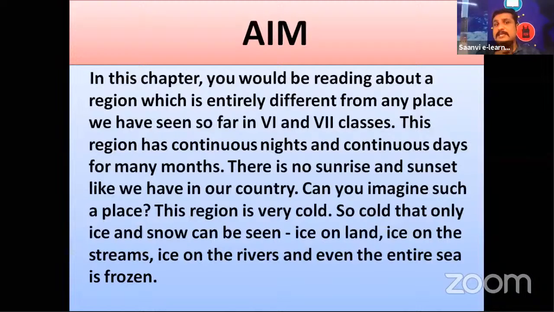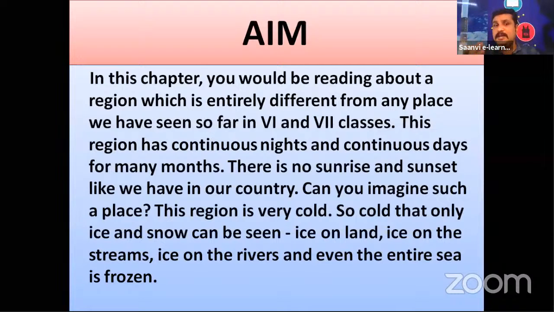In the same way, this region has continuous night and continuous days for many months. Which region? Polar region. Continuous days and continuous night. Just imagine winter time, for many weeks it is continuous dark, and in summertime it is continuous day.